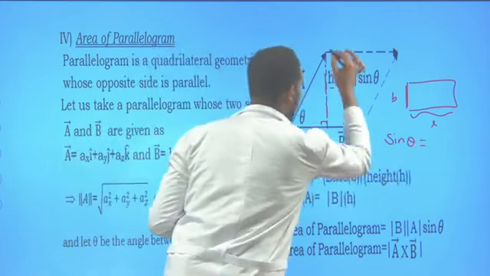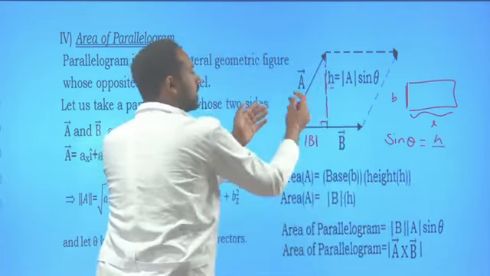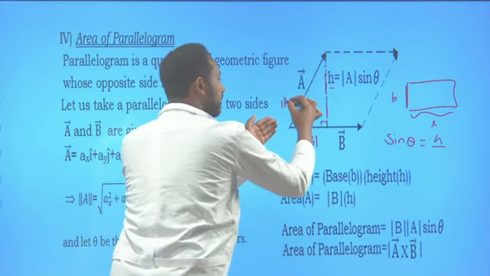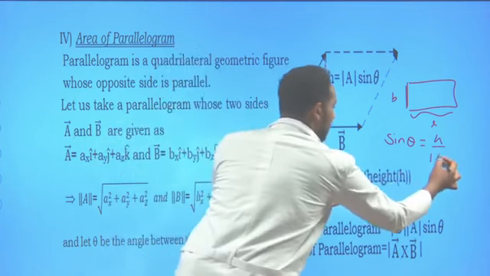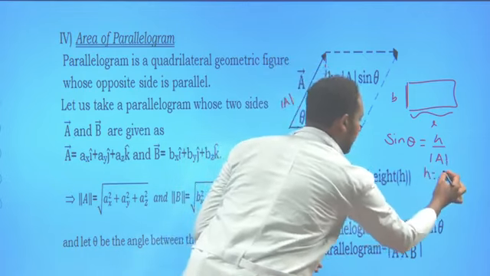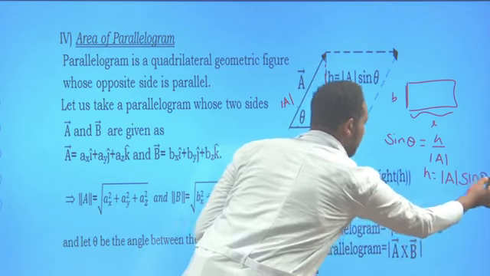The opposite is the height itself, h, and the hypotenuse is given by a vector, so you take the magnitude of vector a. When you cross-multiply, the height gives you the magnitude of vector a times sine theta.